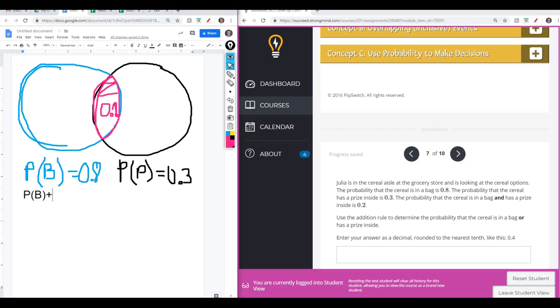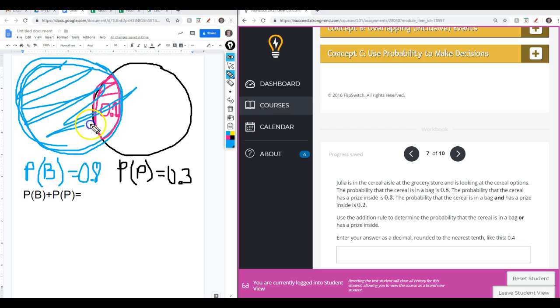It can meet either of those requirements. So the probability of it being a bag is all in blue right here. And we know that this whole area, including the ones that have prizes inside, is 0.8. So notice that this overlap area is counted once already. It already counts it once.